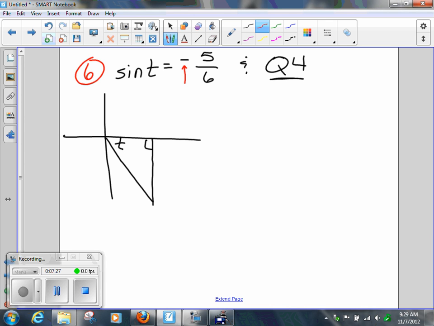Sine is some old horse, opposite over hypotenuse. So I'm going to label my triangle. The side opposite t is that vertical side. The hypotenuse, of course, is across from the right angle. How do I find the third side? Pythagorean theorem.